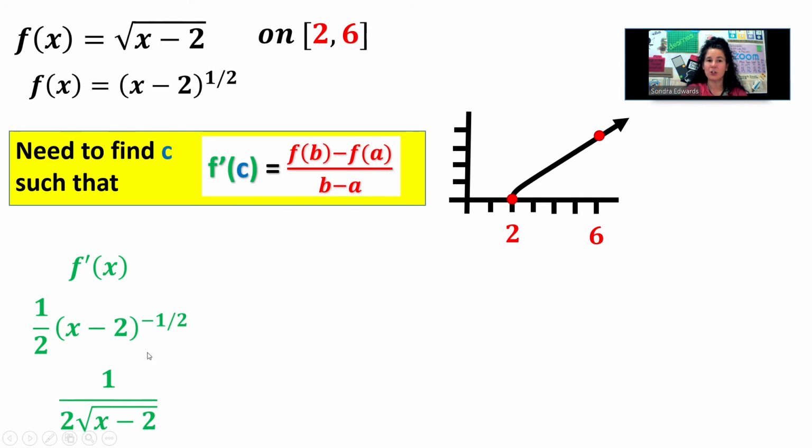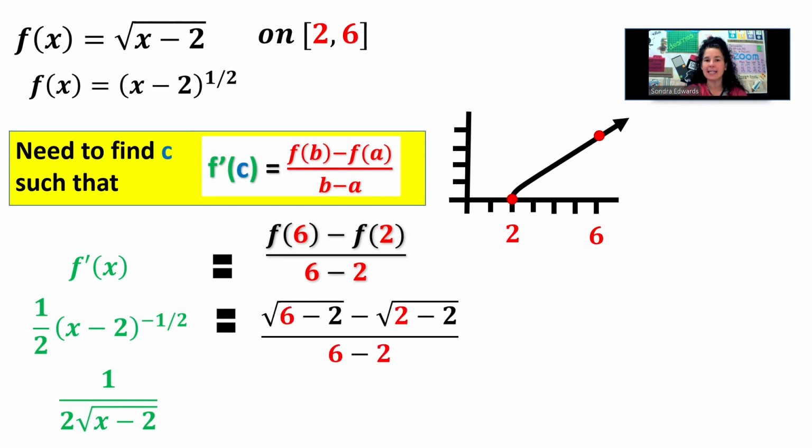Now I've found the derivative and I want to set it equal to the slope between the endpoints. So here's f of 6 minus f of 2 over 6 minus 2. In other words, I have a coordinate here and a coordinate here, and I'm subtracting the y's over subtracting the x's. We end up getting 1/2. Graphically, what that means is 1/2 is the slope between the endpoints.